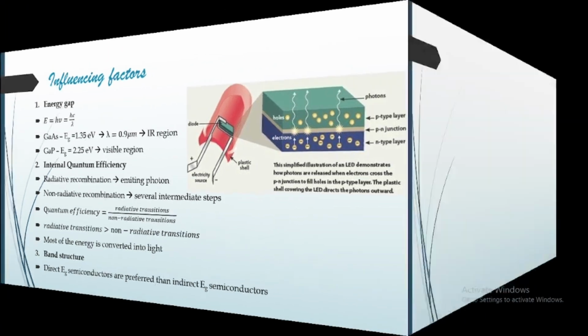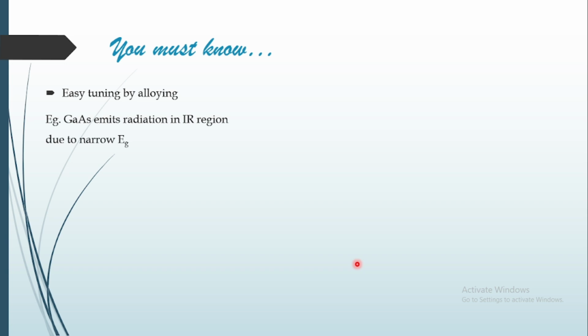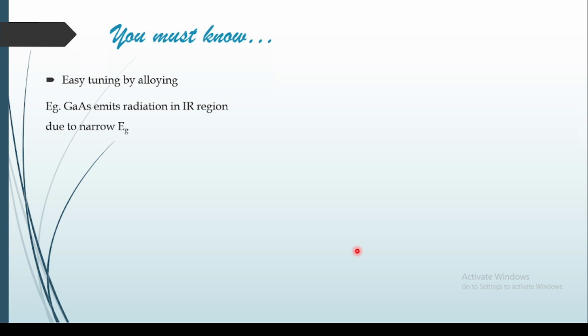Then some other factors that are of prime importance, the first one is tuning. According to the requirements or the applications, the tuning can be done in a semiconductor lamp by the alloying method. Like gallium arsenide emits radiation which falls in the infrared region due to its small energy gap.